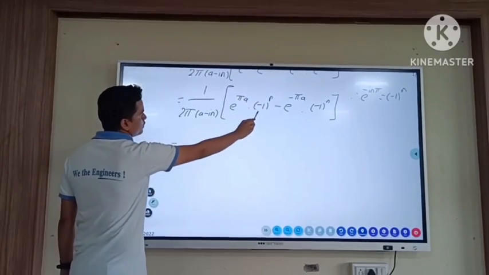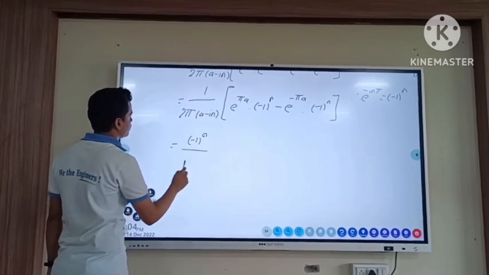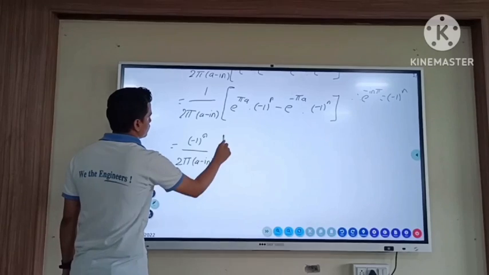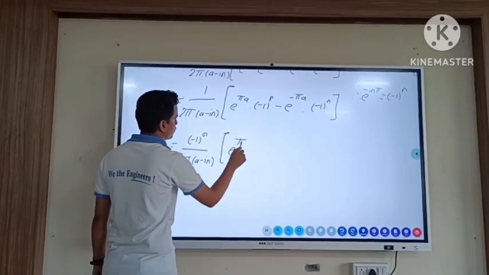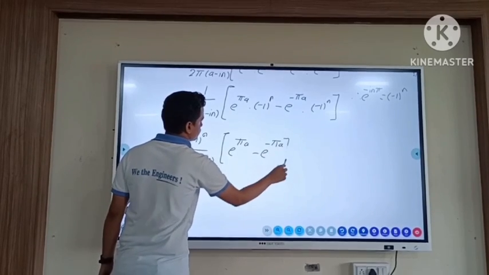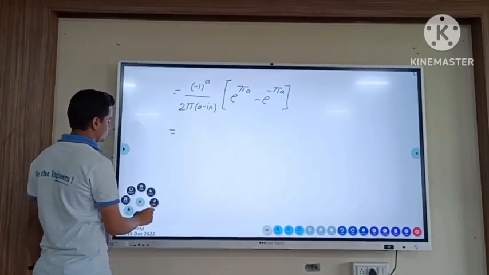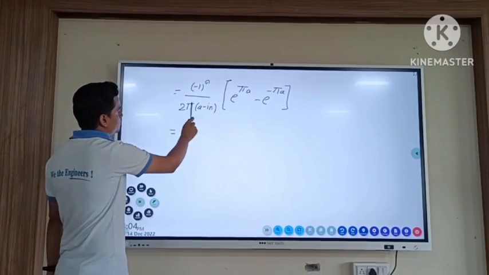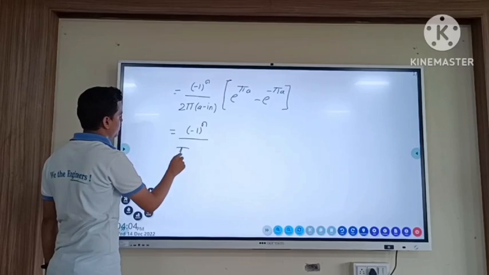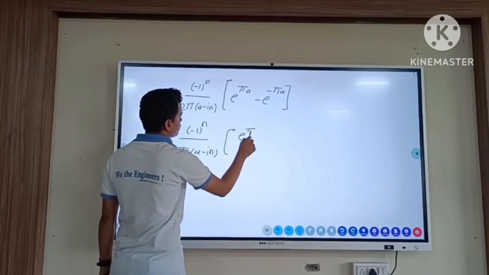So I will take minus 1 raised to n common, minus 1 raised to n upon 2 pi a minus in. What remains is e raised to pi a minus e raised to minus pi a.